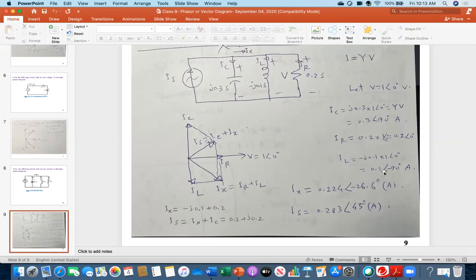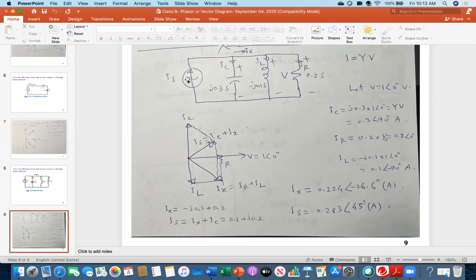I got 0.1 angle minus 90. Now come back here. This is my resultant. IX was IR plus IL, just the sum of those two. I got IL, minus 0.1, and then IR, 0.2. I wrote it in rectangular format.